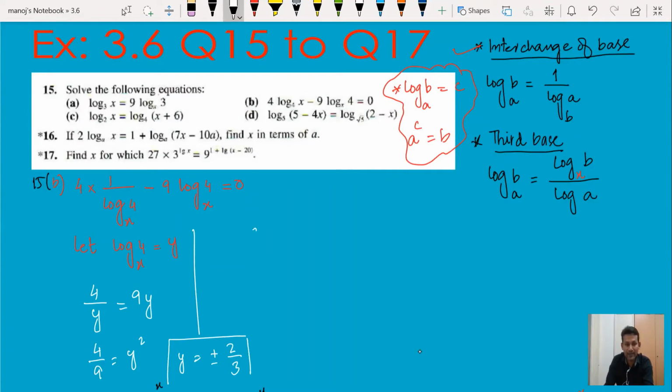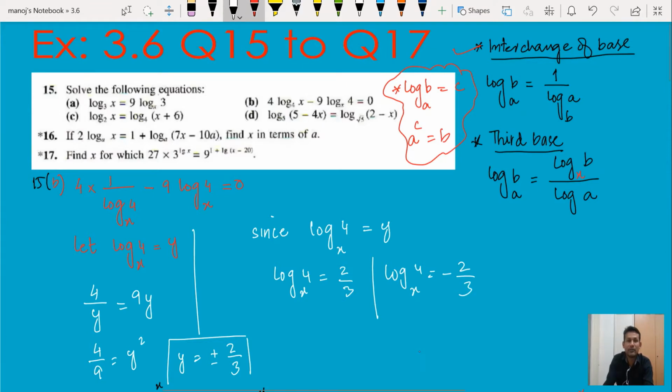So since we supposed log x4 equals y, we need to put in the value of y, 2 upon 3. First we put 2 upon 3, and the second time we put minus 2 upon 3.